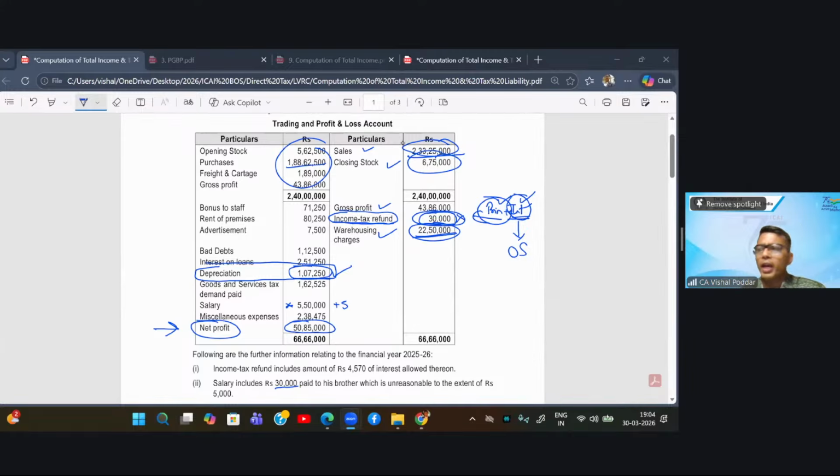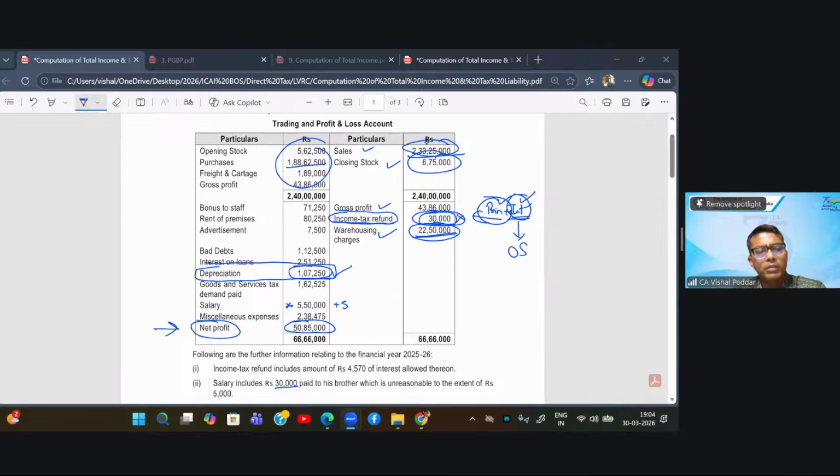But we have to take as adjustment all those items which are not part of the business head, and those items for which the law has made a specific exception or given some specific adjustment. So are purchase and sale part of regular business or not? Yes, sir, regular business. Then why would we make any adjustment for purchase and sale?